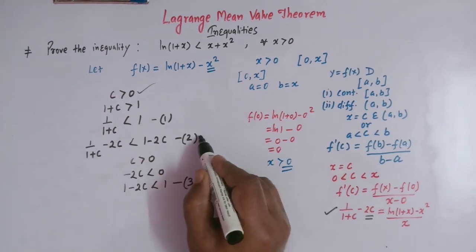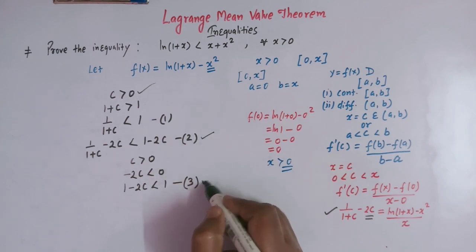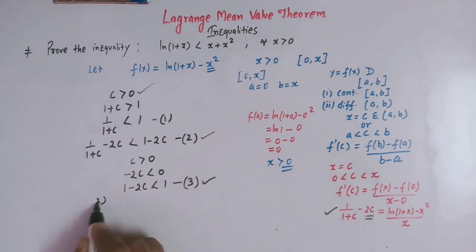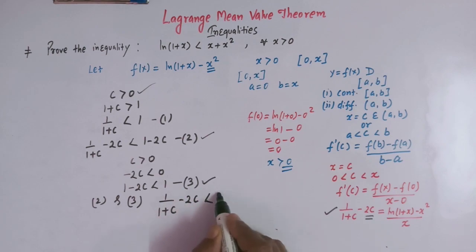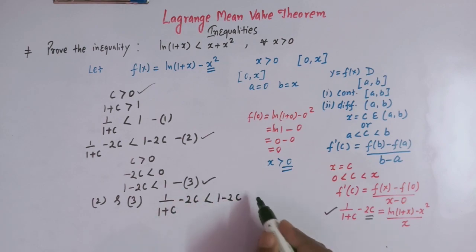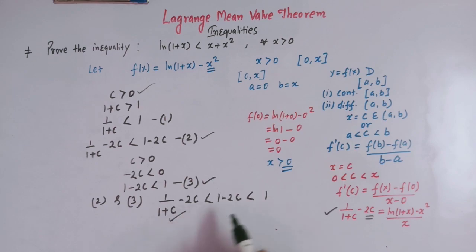So now if we combine inequality number 2 and 3, then from 2 and 3 we'll get 1 over 1 plus c minus 2c is less than 1 minus 2c, and this is further less than 1, right? And now if we take this expression and this one, then we have 1 over 1 plus c minus 2c is less than 1, right?